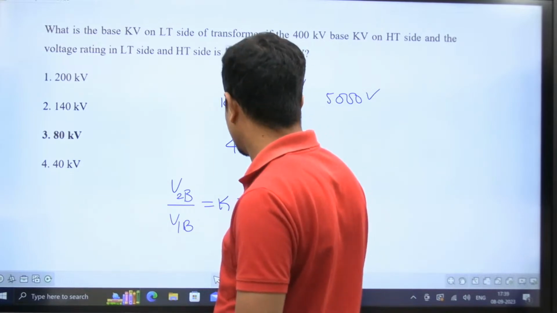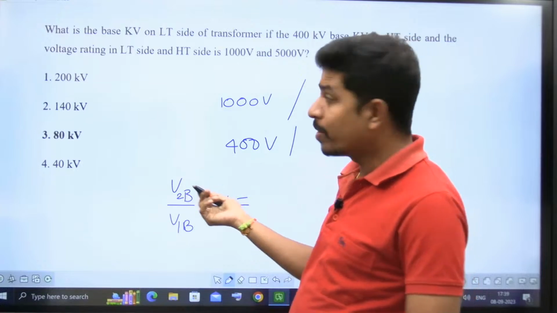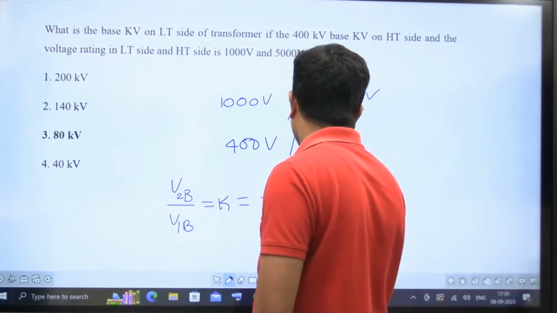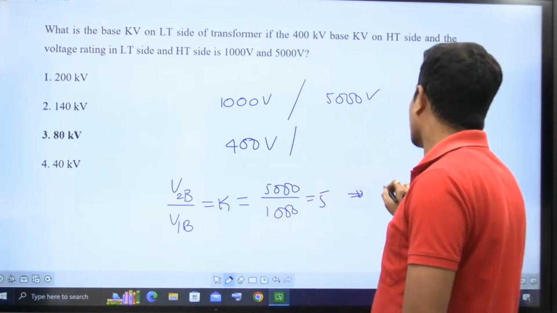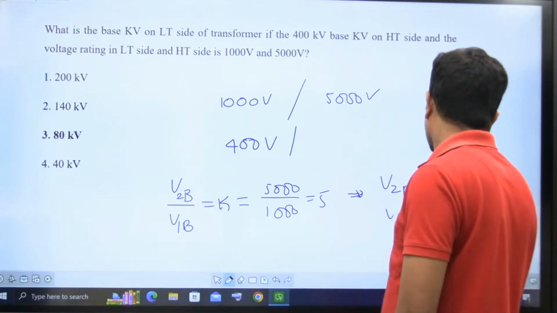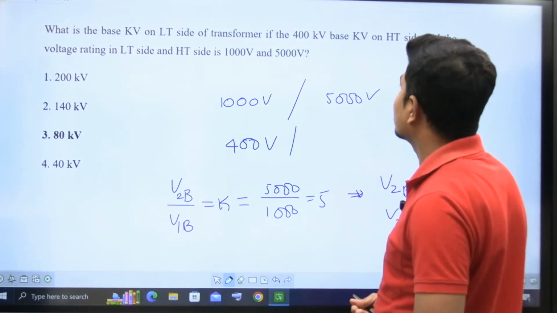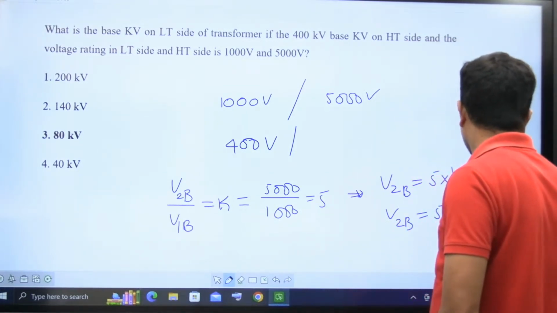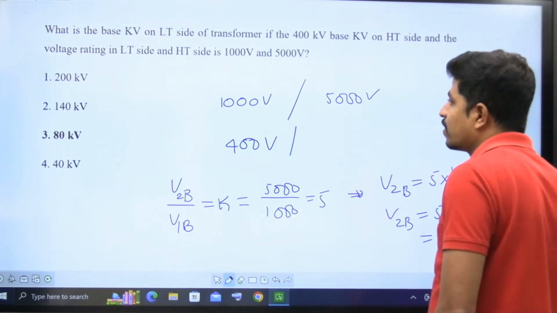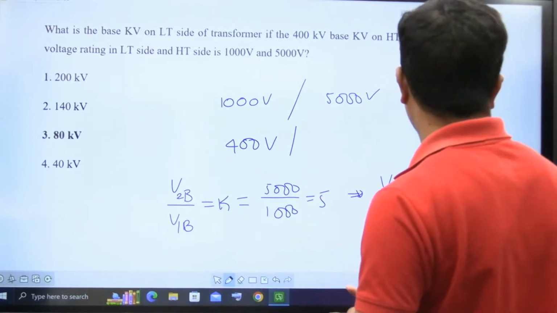What is the transformation ratio? V2 by V1 or N2 by N1. I do not have N2 by N1, therefore I can take V2 by V1. What is V2? 5000 by 1000, which is equal to 5. That implies V2 base is equal to 5 into V1 base. V1 base is 400 kV. Therefore it is 2000 kV as the base. So he's asking for the LV side or the HV side.